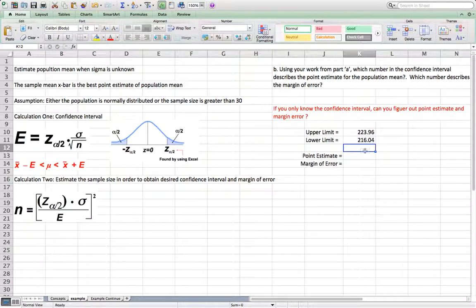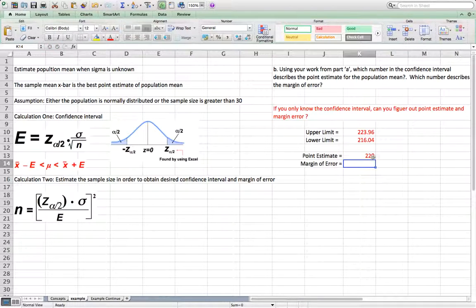Now, suppose you only know this. Can you figure out what the point estimate is? If you look at this, the point estimate is in the center of the confidence interval. So what am I supposed to do? I take the center of the confidence interval: the upper limit, which is in K10, plus the lower limit, K11, divided by 2.